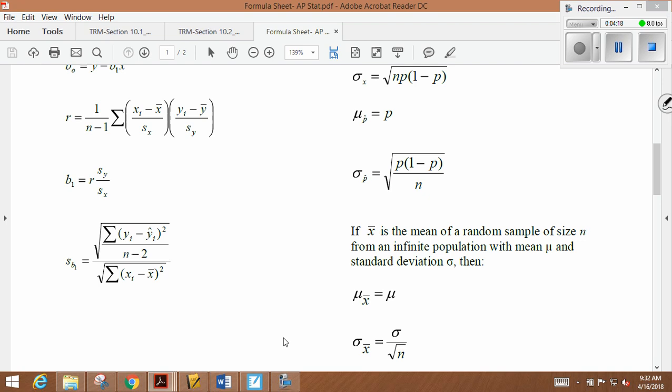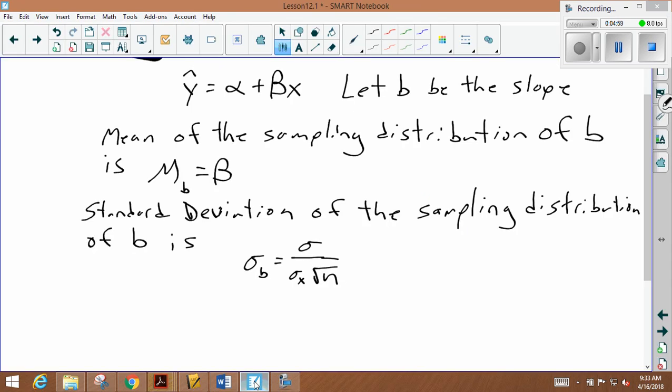In order to make that look the same, you would actually have to do something. Really strange. Good news is, the chances of me having to use that are fairly slim, because, for the most part, you'll be given a Minitab output that will have your standard error of y and standard error of your slope and whatnot, right? So that is the good news.